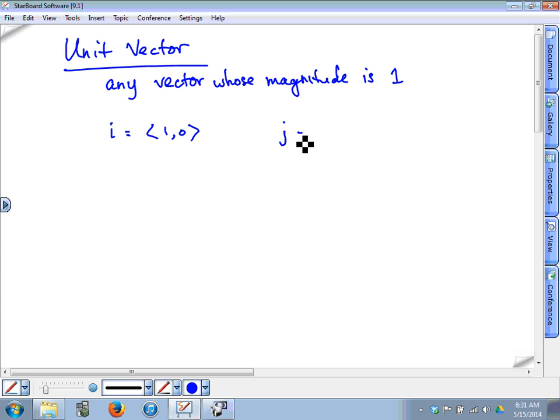The other one is vector J, whose components are 0, 1, equally as special, just different. That places vector j on the y-axis, correct?